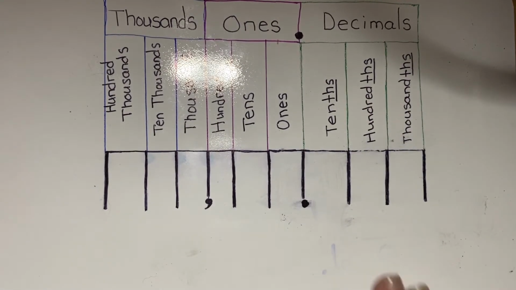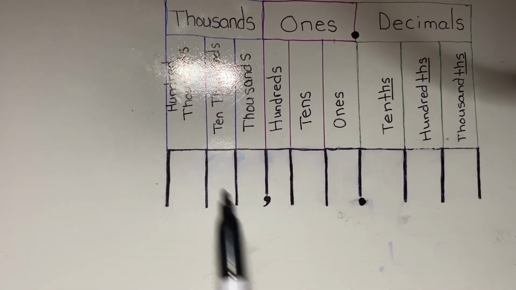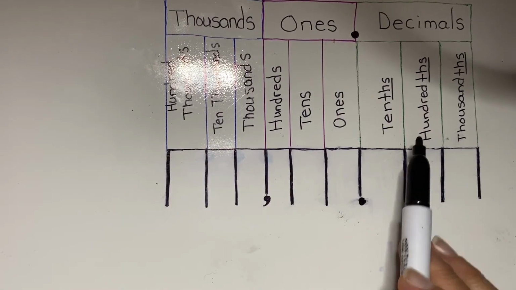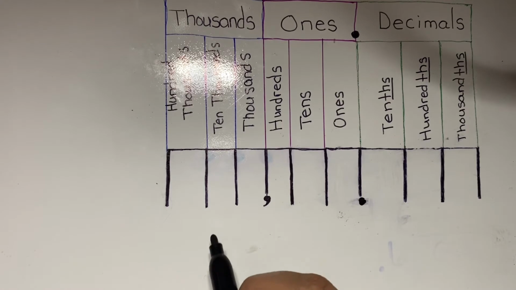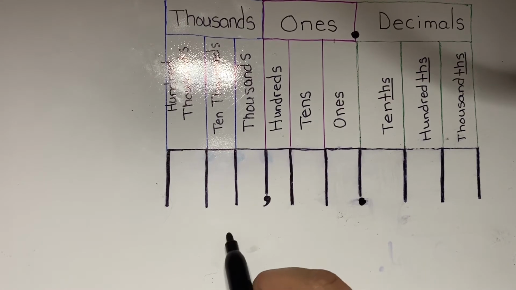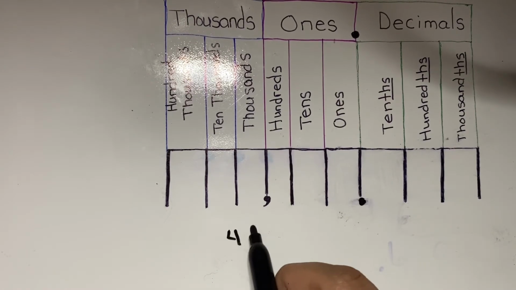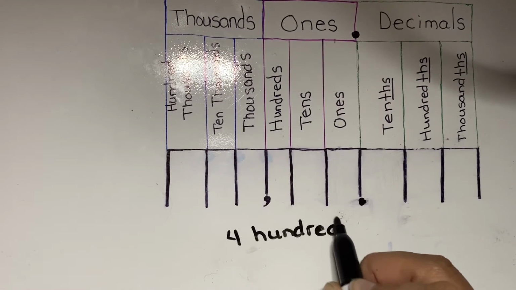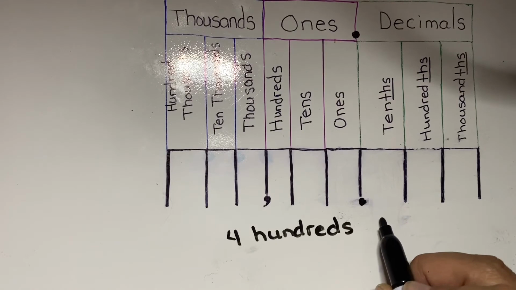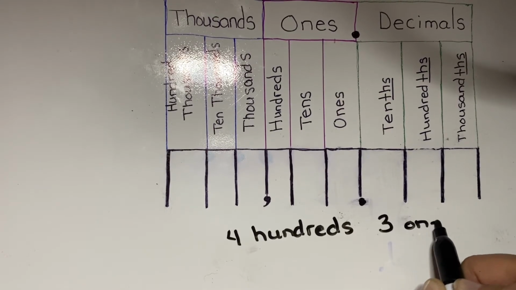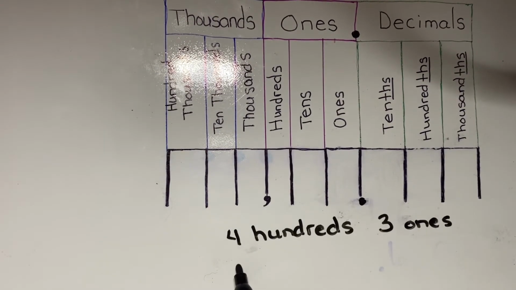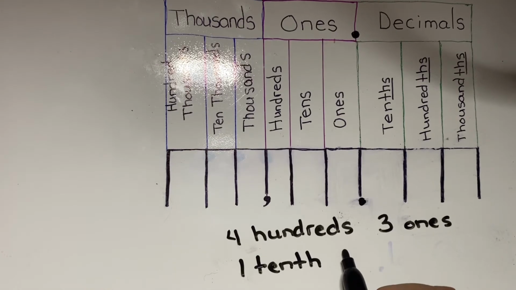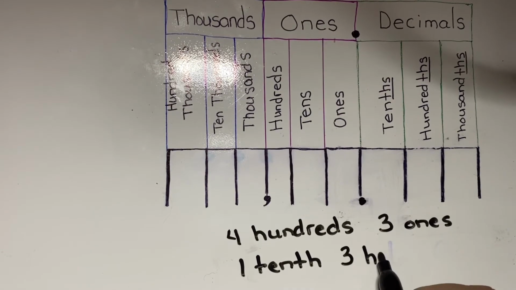If we look at using just the words, let's say I have a number that is 4 hundreds, 3 ones, 1/10 and 3/100.